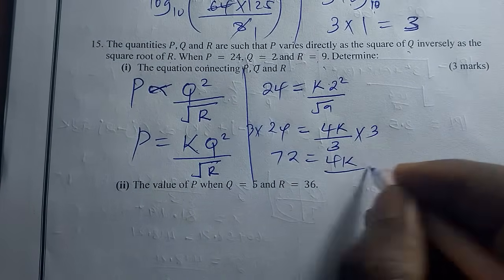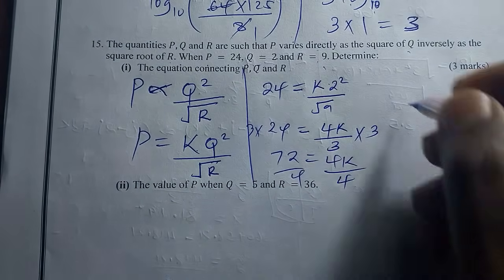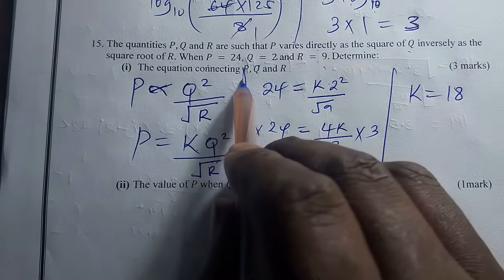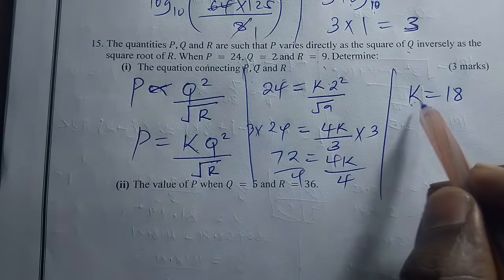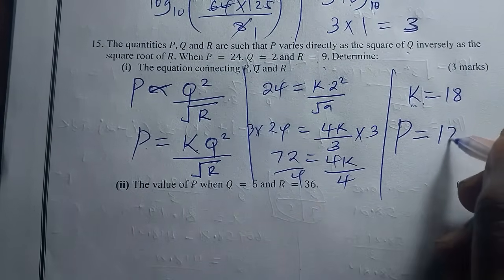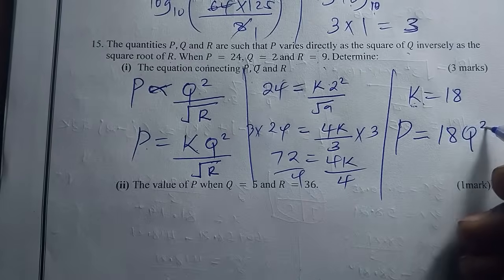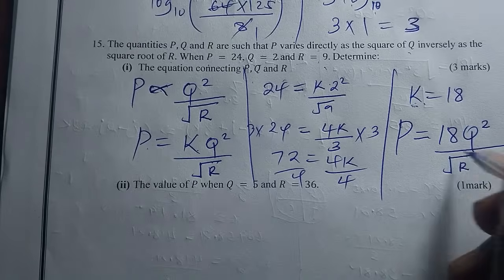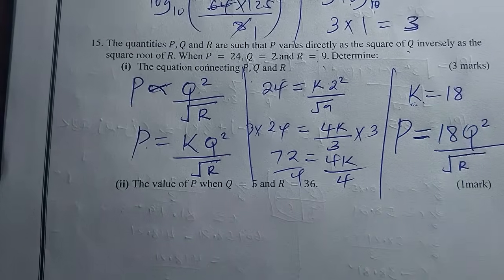Divided by 4, divided by 4. It means that K equals 18. Now the equation connecting P and Q is, when you include the value of K, P is equal to 18 Q squared over the square root of R. And that is the equation connecting the 3 variables.